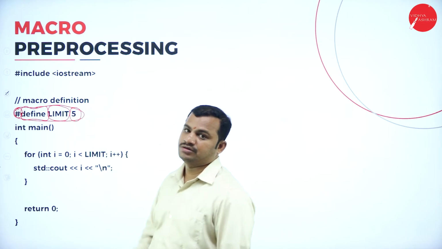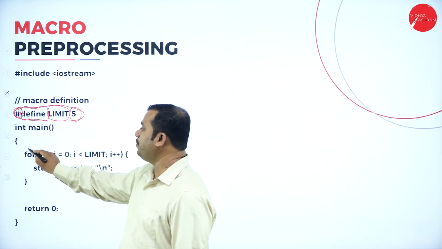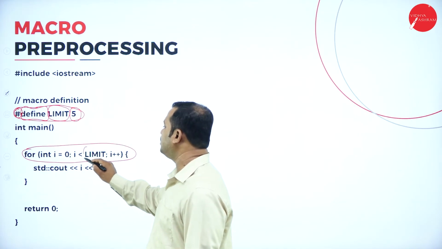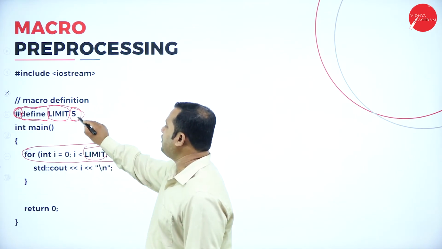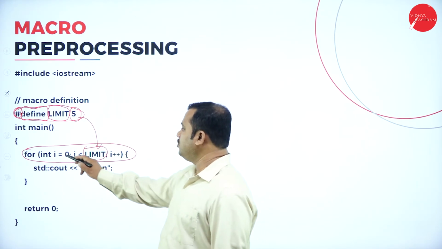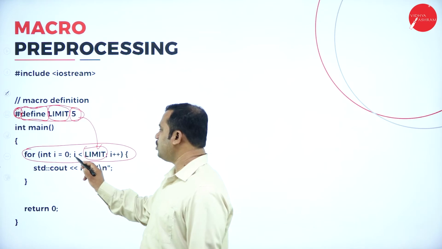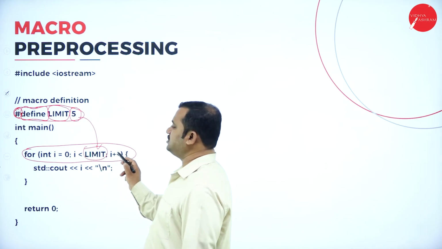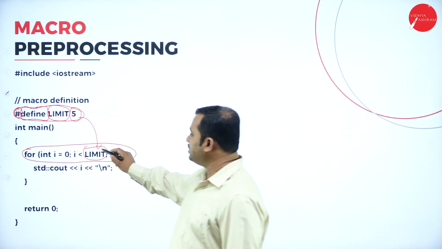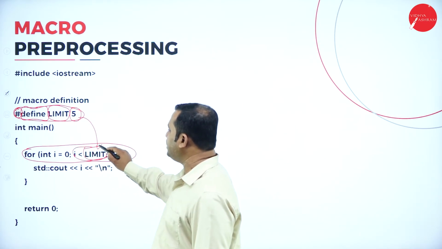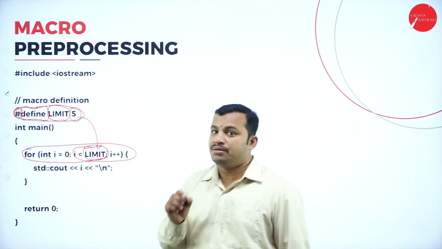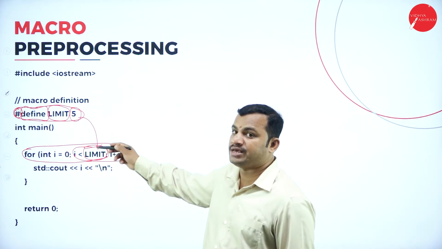And what is the value associated with the name of the macro? LIMIT 5. In this case, I have a for loop here. In the for loop, I have the value LIMIT. In the place of LIMIT, it replaces LIMIT by 5. That is, int i = 0, i < 5, i++. This indicates that the conditional value LIMIT placed inside the looping statement defines the number of times the for loop is to be executed.